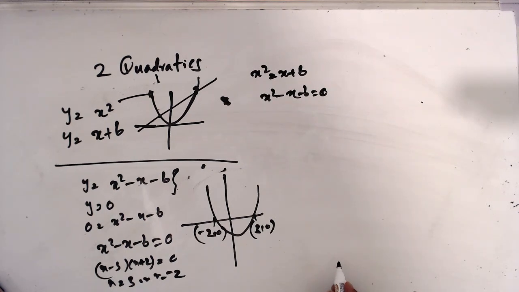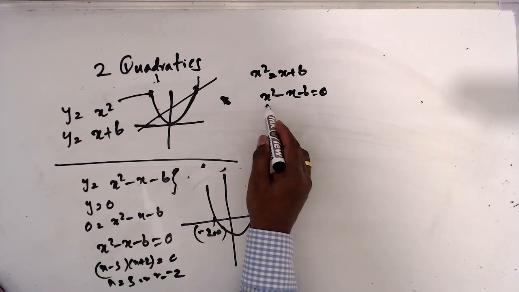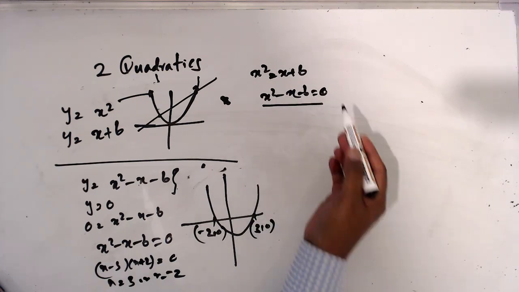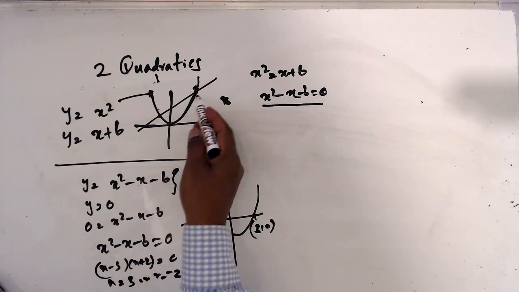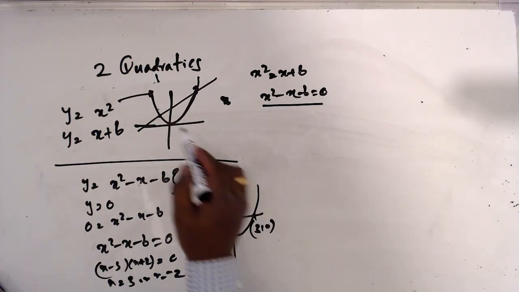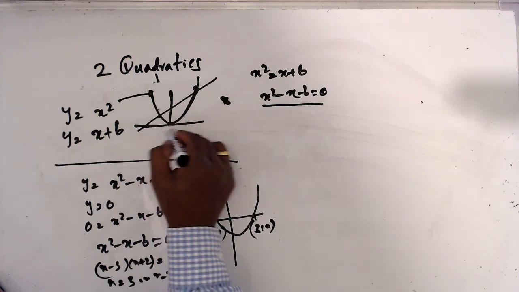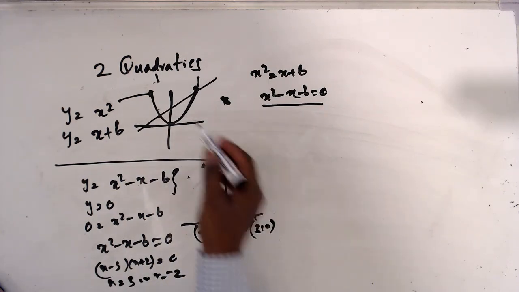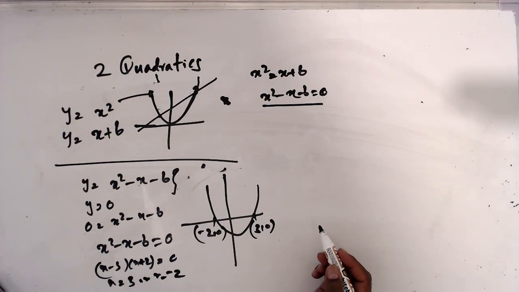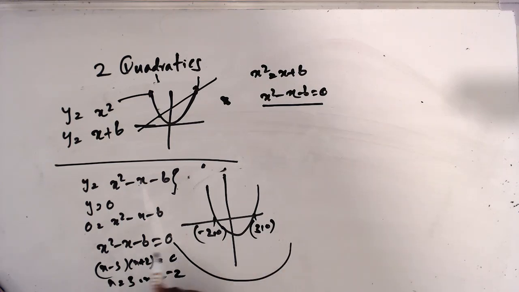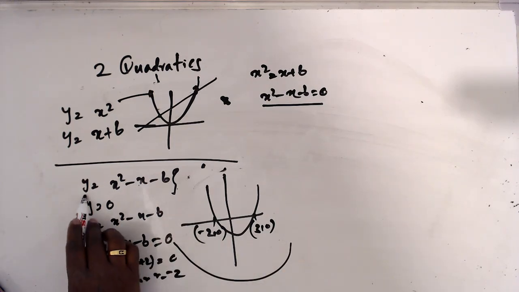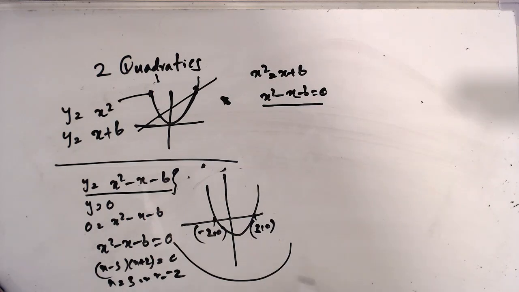Now did you notice that we got x square minus x minus 6 equals 0 when we try to find two intersection points, solving two equations, a quadratic and a linear. And also we get the same equation as the root of y equals x square minus x minus 6.